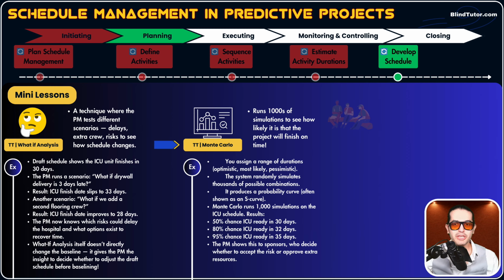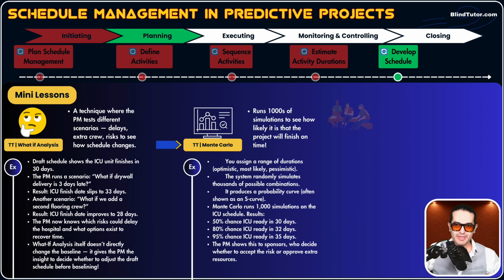Now, the PM shows these findings to the sponsor. I do have a question for you. Should you base your planning on a 50% chance of something happening, or 80%, or 95%? The more certain you are about a date or a cost, the better the planning is.